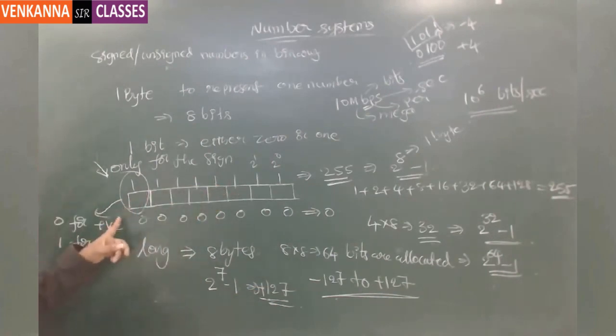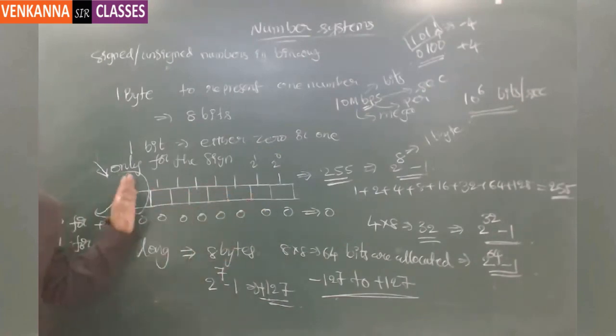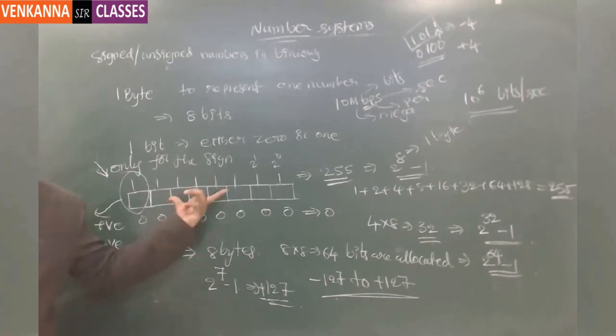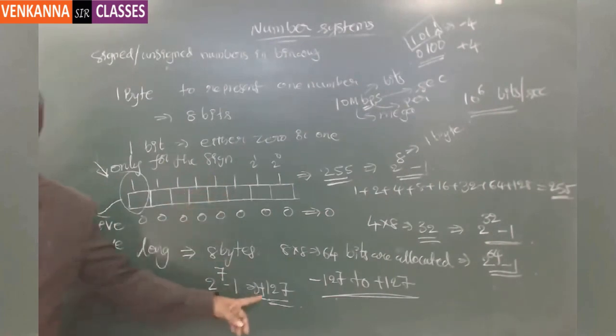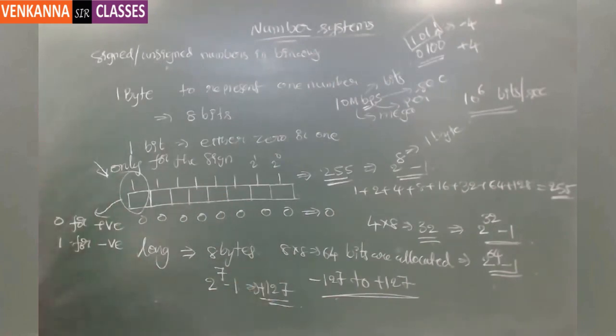And if it is 0, then it is plus of the number you represent with the remaining 7 bits. So this is dedicated to the sign, either negative or positive, and the remaining digits are dedicated to representing the magnitude of the number. So the maximum magnitude you can get is from negative 127 to positive 127. Got it? Understood?